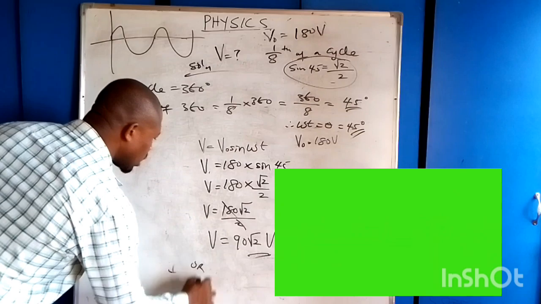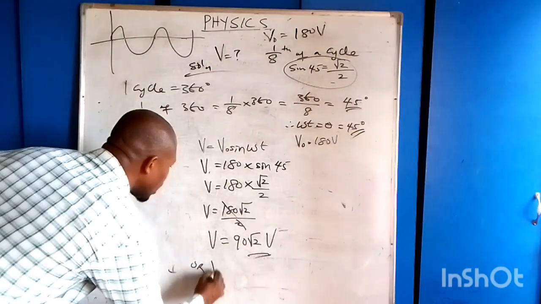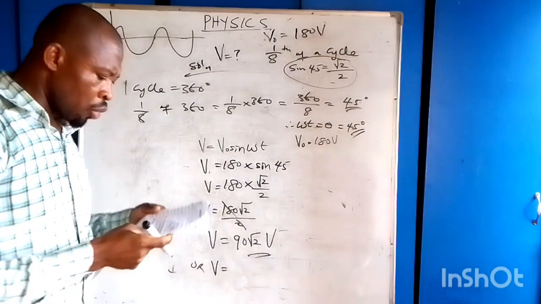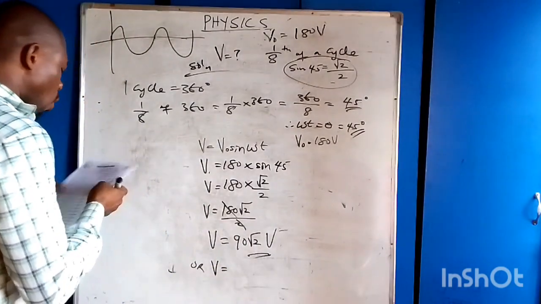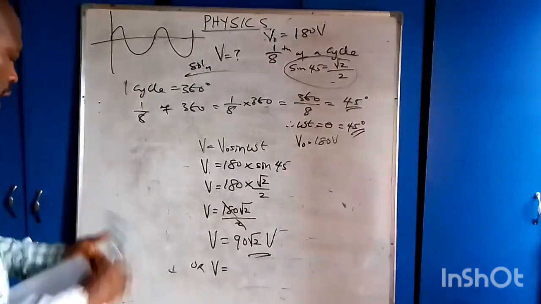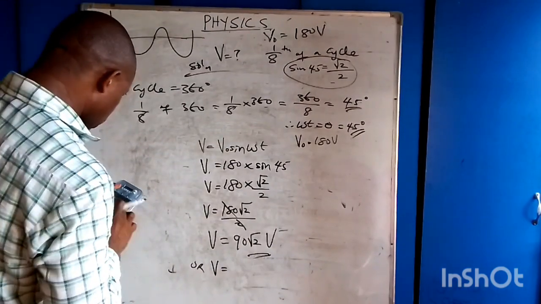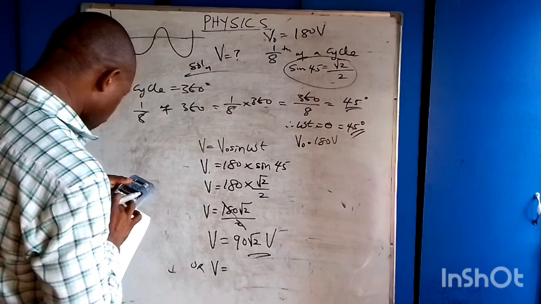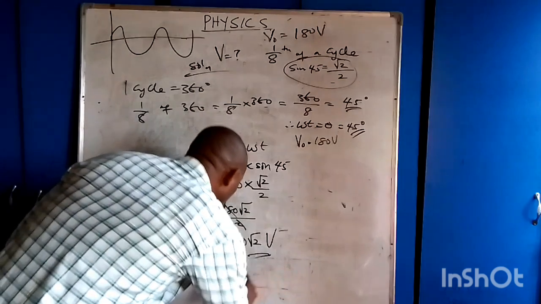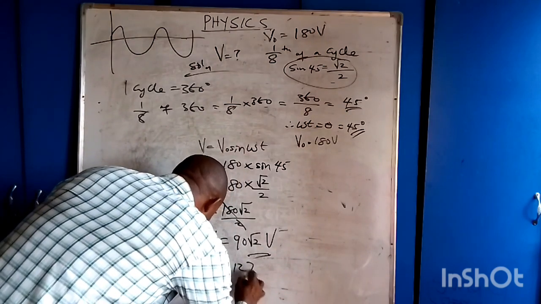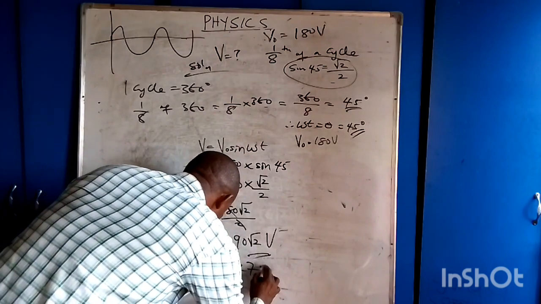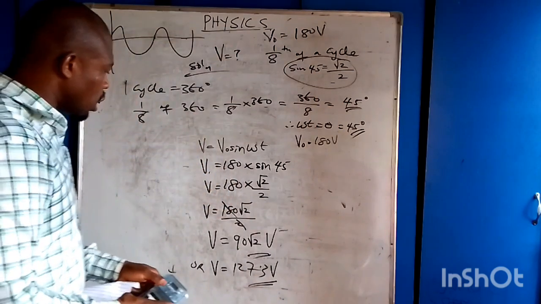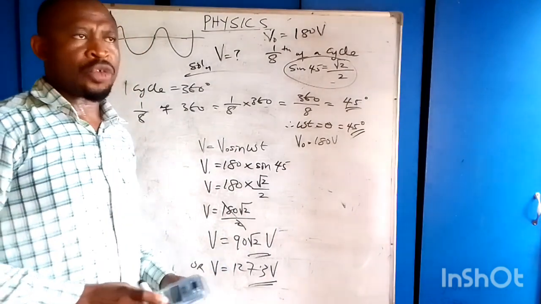Or you can say that your instantaneous voltage V is equal to 90 times root 2. And from our calculation, 90 root 2 is equal to 127.3 volts. So this is our instantaneous voltage.